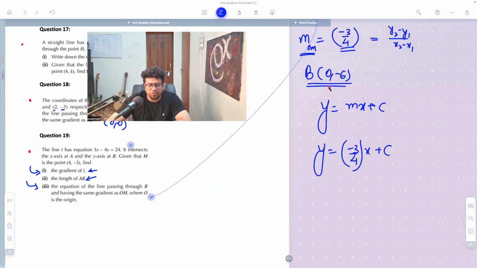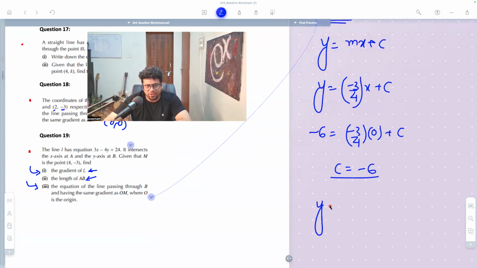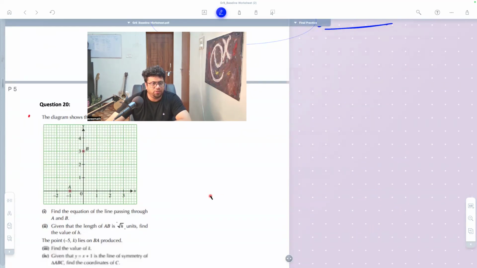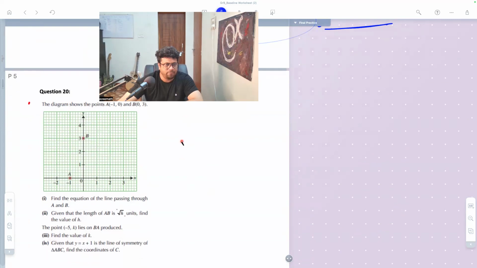Now you substitute the coordinates of B in there. -6 equals -3 by 4 into 0 plus c. c comes out to be -6. Well, now we substitute -6 in place of c. That's your equation for the line they have asked for. That's your part 3.